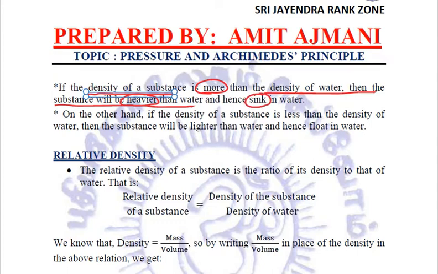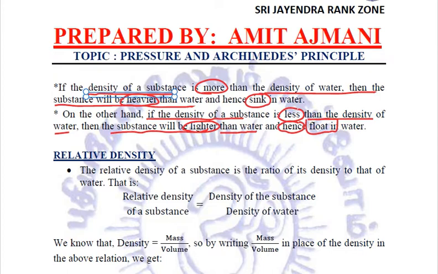But if we take the other scenario, that the density of a substance is less than the density of water, the conclusion drawn is that the substance will be lighter than water, and hence it is going to float in water.